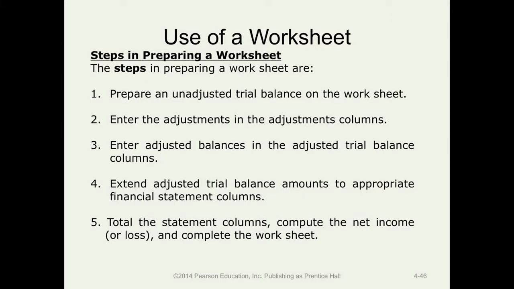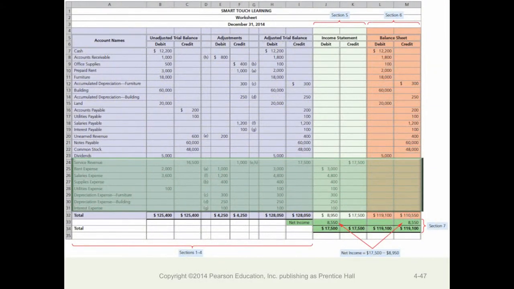So, once again, the transfer or closing, as we call it, of net income into the balance sheet is done directly on the worksheet. And then, of course, we would prepare the financial statements directly from those worksheet columns.